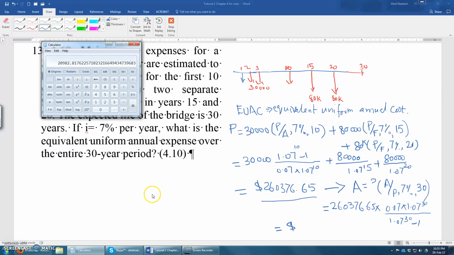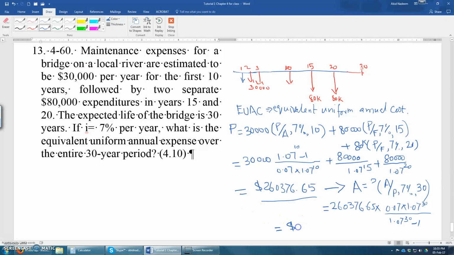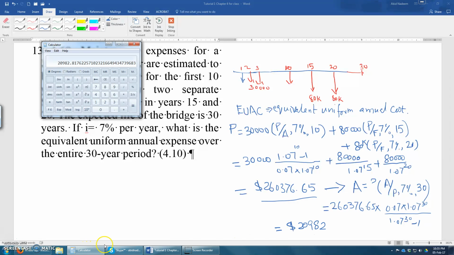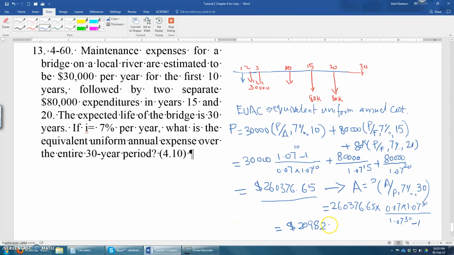That is equal to 20,982, and some decimal places, 82 cents.